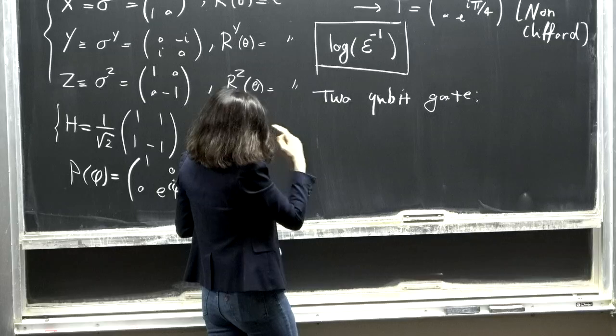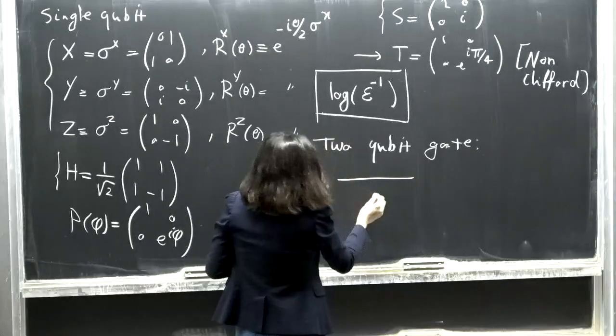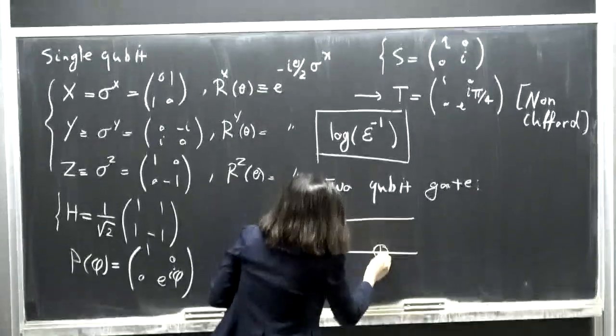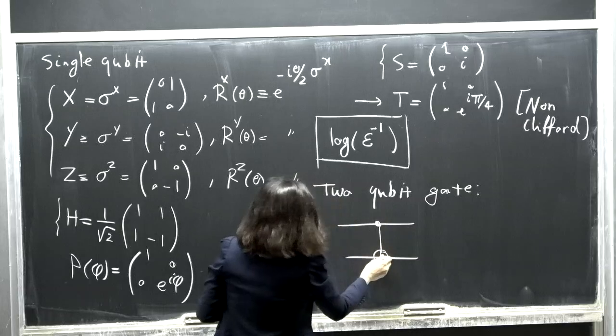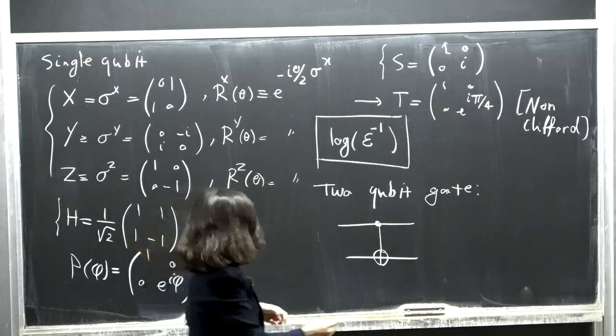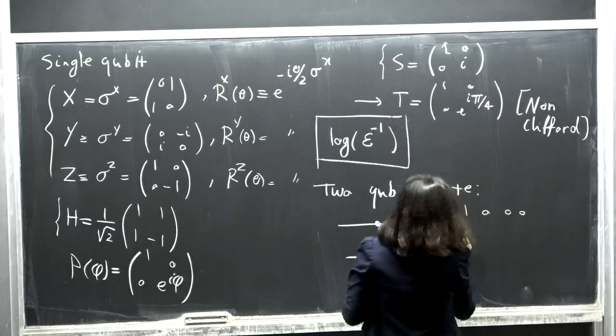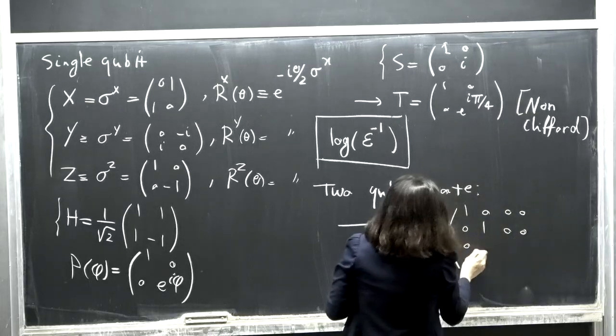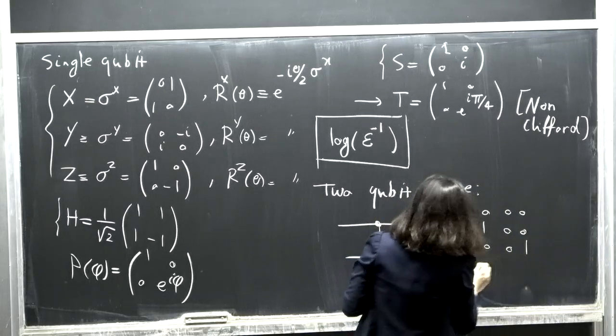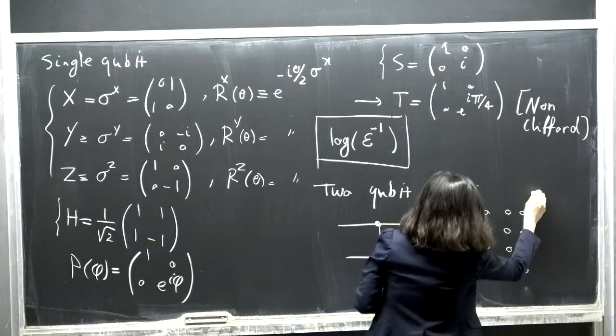And the most famous one is what is called a controlled NOT, which looks like this. What does this mean? Well, in terms of the matrix operation, it actually looks like 1, 0, 0, 0; 0, 1, 0, 0; 0, 0, 0, 1; 0, 0, 1, 0.